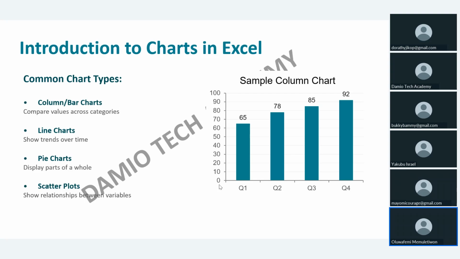Now, one thing you need to know is that charts are limited in Excel compared to when you move to Power BI. When you move to Power BI, you will see more charts that you can use, but you already understand the concept from Excel, and you understand when to use a particular kind of chart.